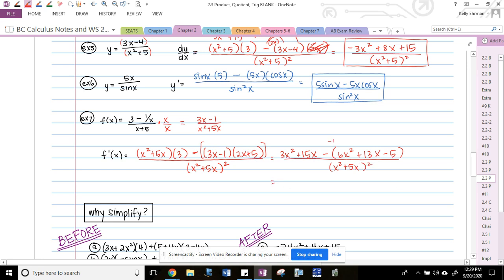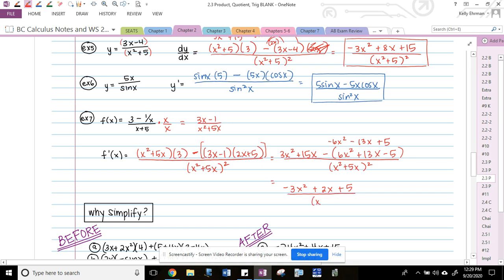And then I'll just change signs up above. So minus 6x squared minus 13x plus 5. So negative 3x squared. 15x minus 13x is plus 2x. And then we said we have plus 5.